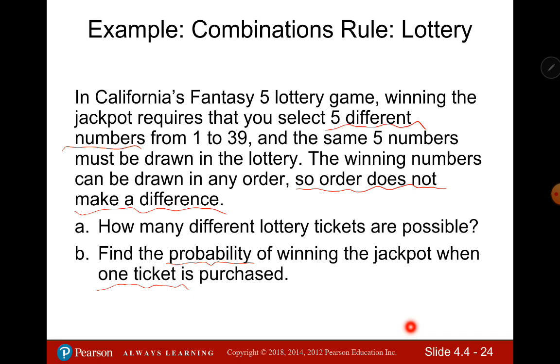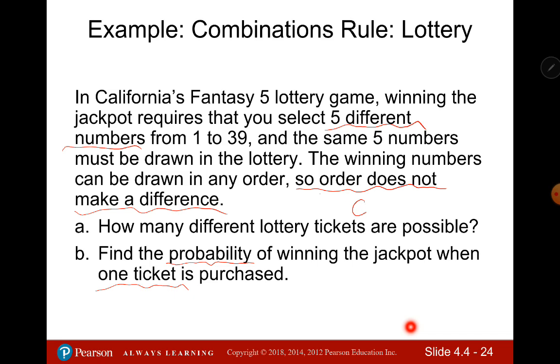So let's first check the first question. How many different tickets? So the first question is a counting problem. How many different outcomes? For this problem, order does not matter, which means we should pick combination. So we write down C to tell us we should use combination.